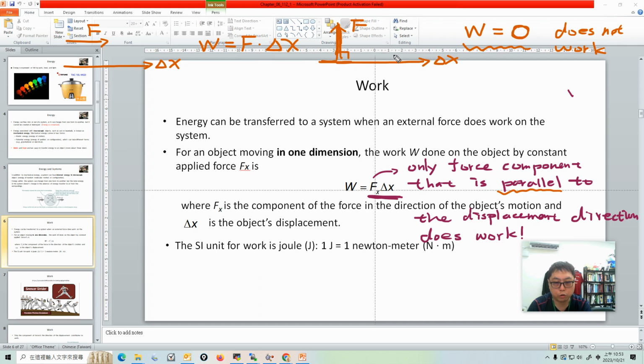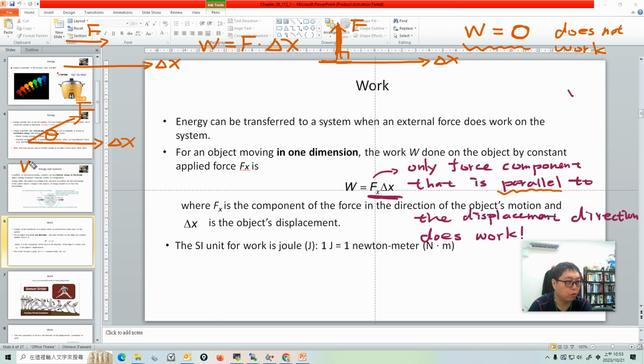So these are two extreme cases. One is the force is parallel to delta x. The other is the force is perpendicular, or normal, to your delta x. What if something is in the middle? For example, delta x is in this direction, but your force is in this direction, and there's an angle theta.